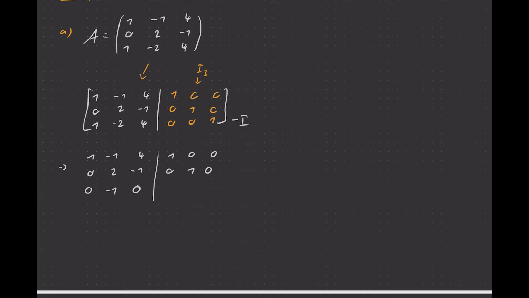For the right-hand side, we have 0 minus 1, that's a minus 1. 0 minus 0, and there's a 1 minus 0. So that's how this will look. And you'll see we already have our first pivot element and our first 0 column below that pivot element.